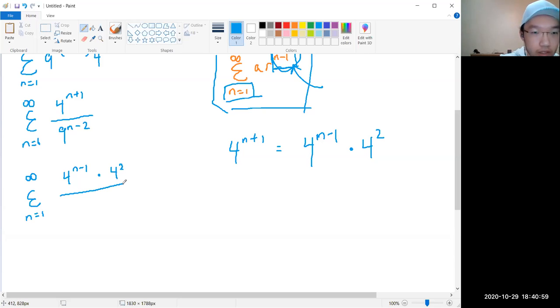Okay, let's try to do the same with the denominator. So our denominator is 9 to the power of n minus 2. How can we rewrite that so it's 9 to the n minus 1 times something?